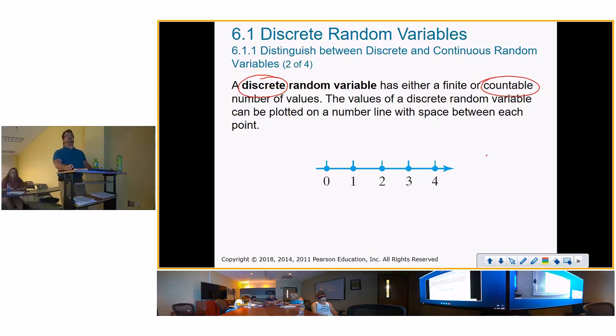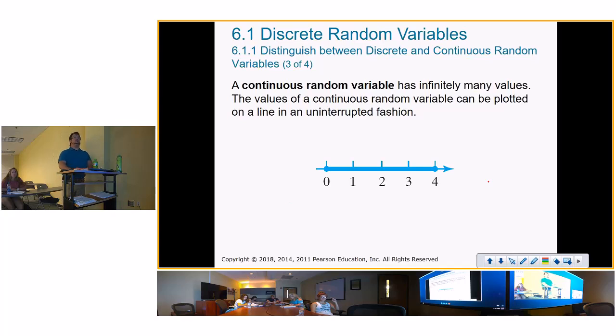A discrete random variable has either a finite or countable number of values. The values of a discrete random variable can be plotted on a number line, just like that. And this will make sense in just a minute. A continuous random variable means decimals. Decimals and what else? Fractions.